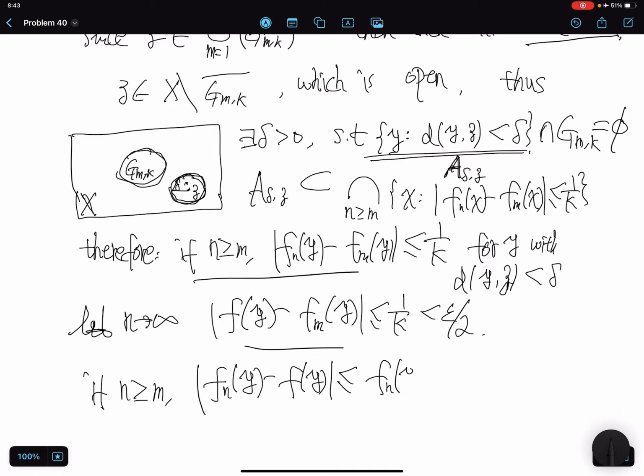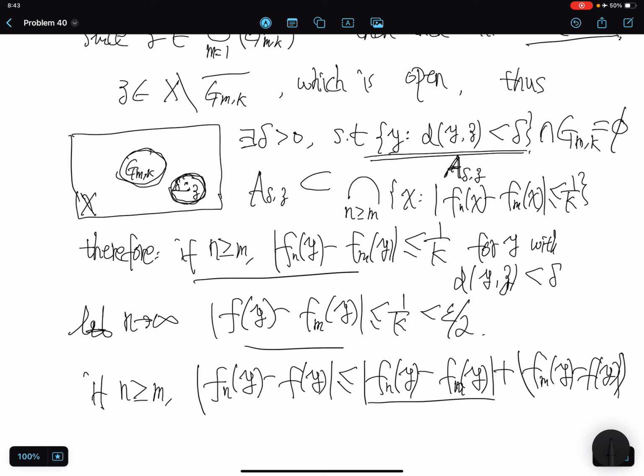So this is less than or equal to this, right? So we just insert the term f_m(y), and then plus f_m(y) minus f(y), taking the absolute value.